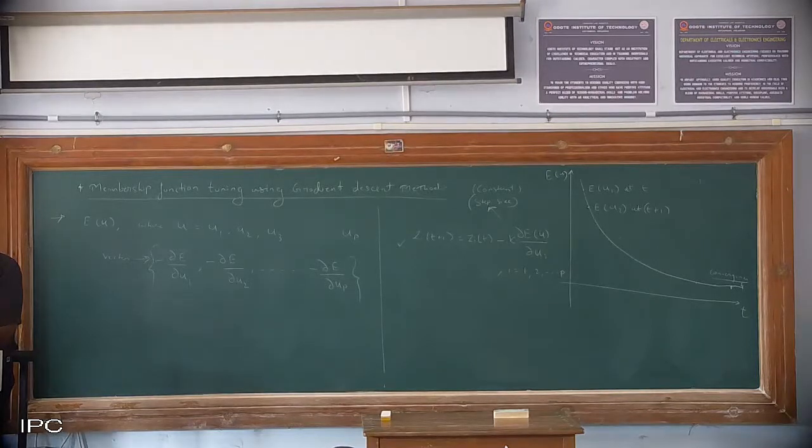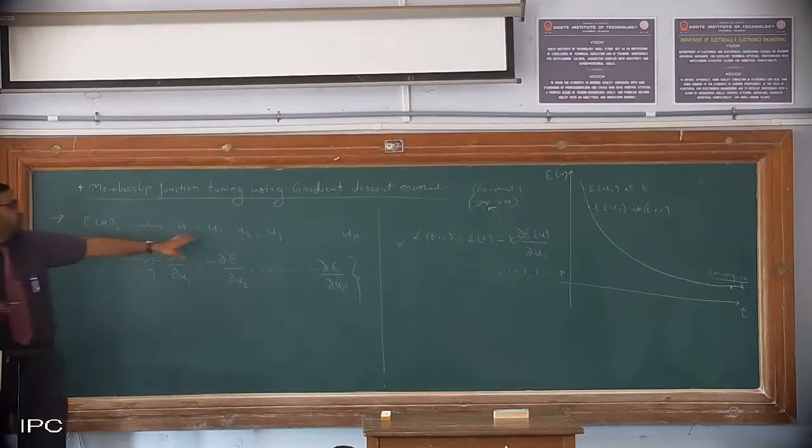According to the algorithm, what you first do is execute the rules. We'll start from that point. So, rules are fired on the input data to obtain the output u of i.